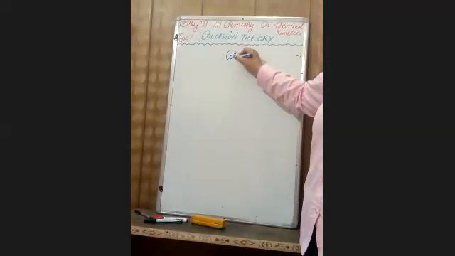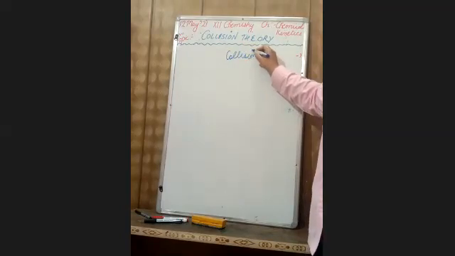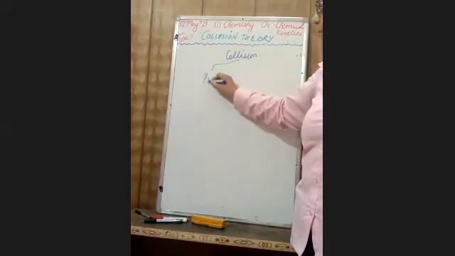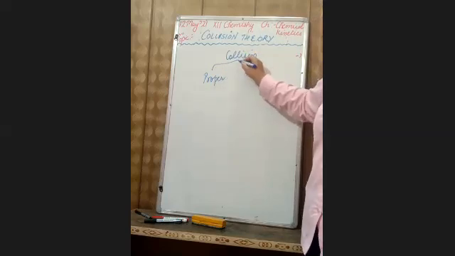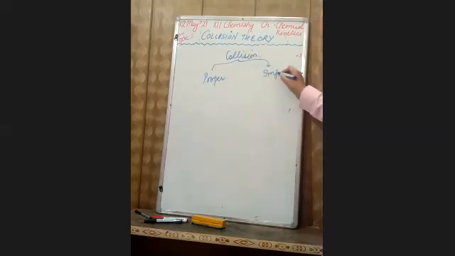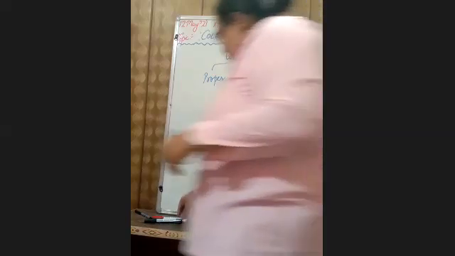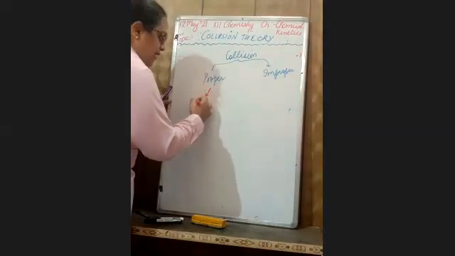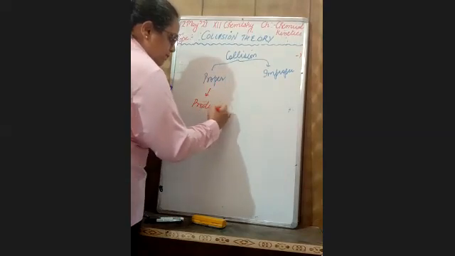So first I am dividing the collision between molecules into two parts: proper collision and improper collision. Proper collision means in which product formation takes place.